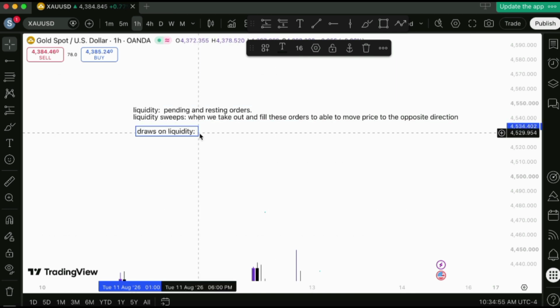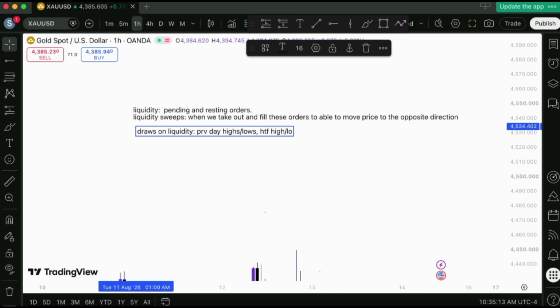So where should you actually look for liquidity on your chart? Previous day highs and lows, you can look for high time frame highs and lows. From high time frame I mean like 4-hour highs and lows, you can say 4-hour, and daily, weekly, monthly, or whatever.